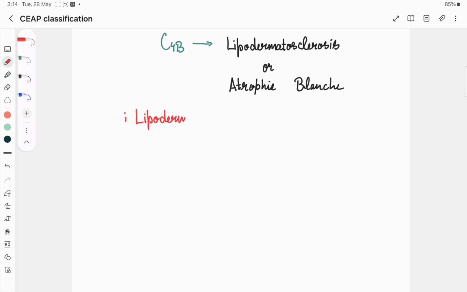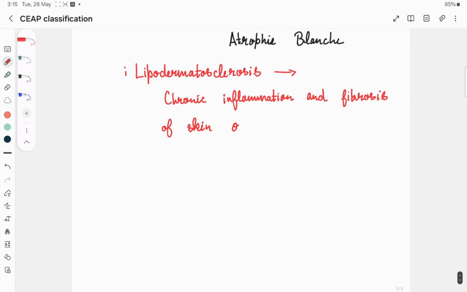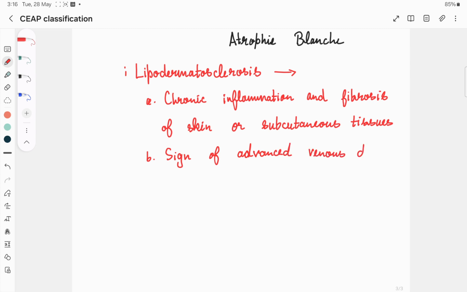So what is lipodermatosclerosis? Chronic inflammation of skin and fibrosis of skin or subcutaneous tissues is lipodermatosclerosis, and it is a sign of advanced venous disease.